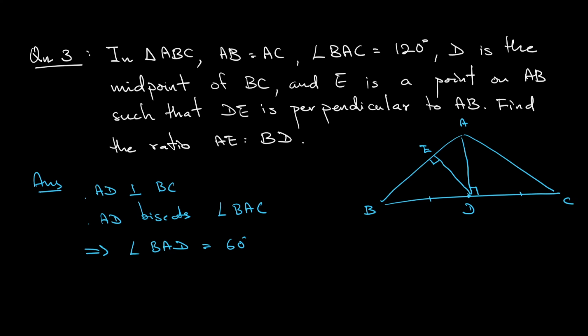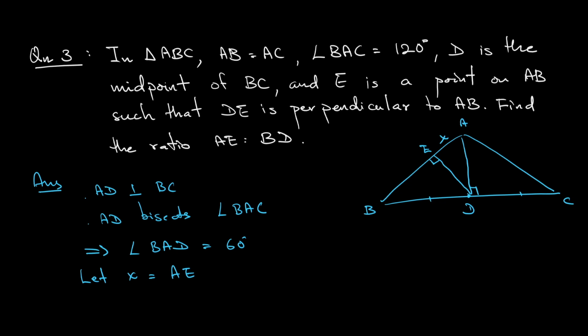Okay, so let's say x is equal to AE. Okay, so this AE is x. Right. So notice that in triangle AED, it is a right triangle with angle at point A is 60 degrees, angle at point E is 90 degrees. So this is a 30, 60, 90 triangle.